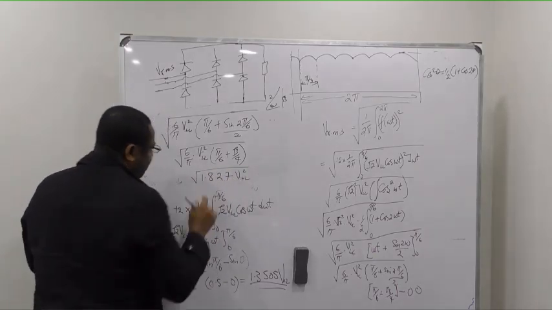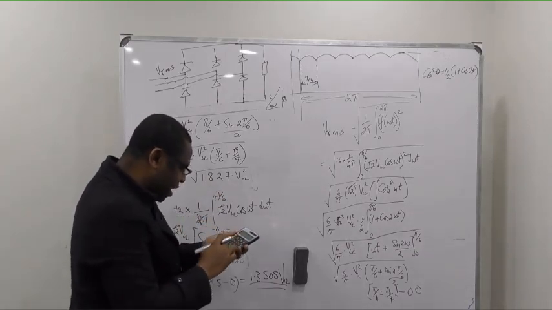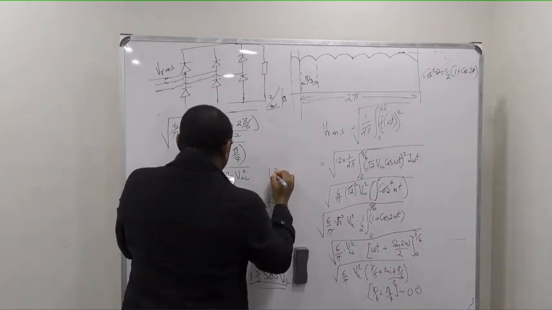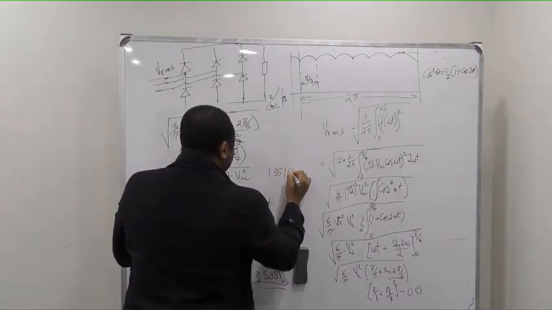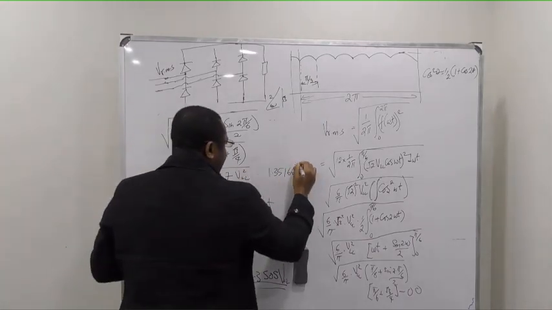If you find the square root of 1.827, you get 1.35166. Find the square root of that to give you VLL.